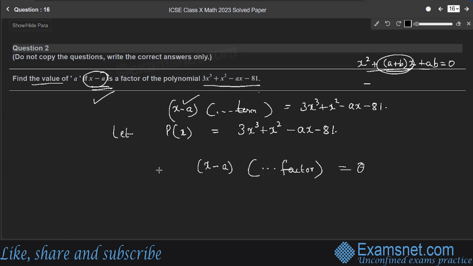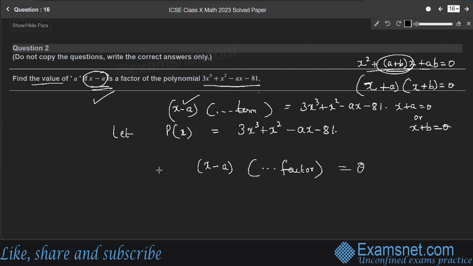By the factorization method, if you find the roots of the given equation, you will get x plus a into x plus b is equal to 0. Right? That means x plus a is equal to 0 or x plus b is equal to 0.